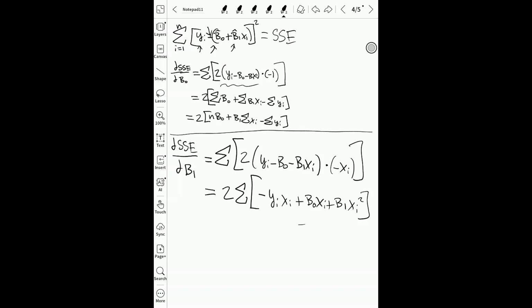There's a little bit of lag there. Hopefully everybody can see that okay. Then let's clean this up a bit more: the sum of beta naught xi plus the sum of beta 1 xi squared minus, I just like to have the minuses at the end personally, the sum of yi xi.